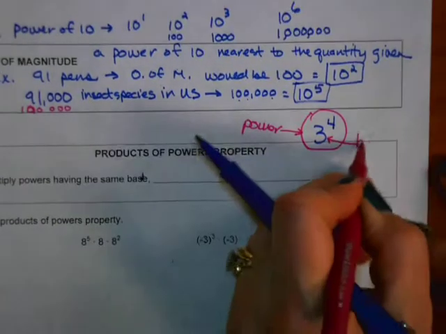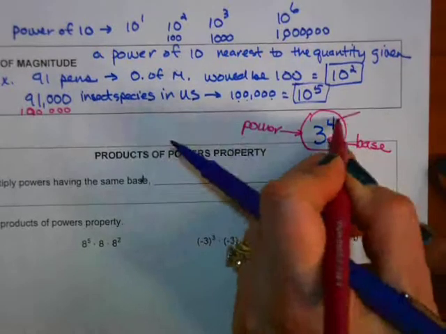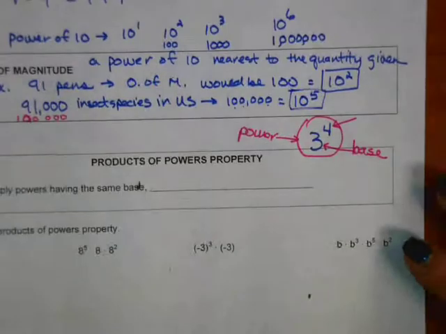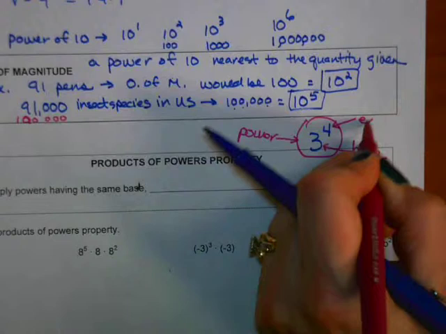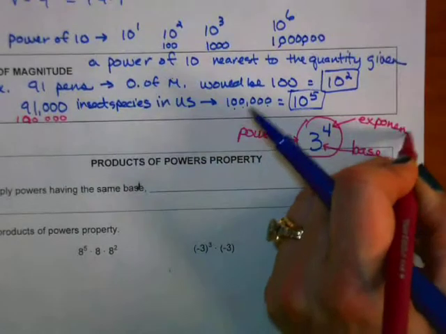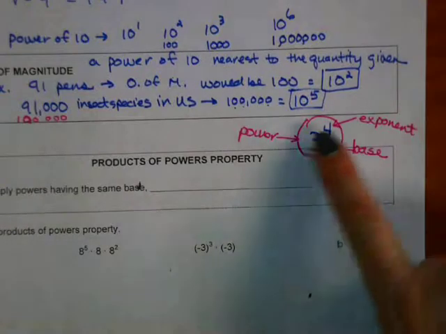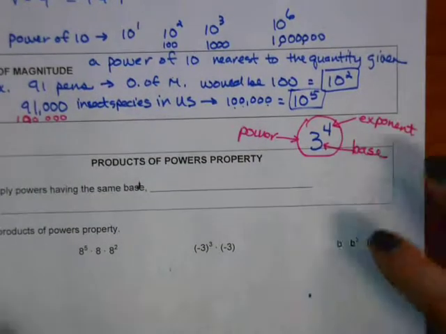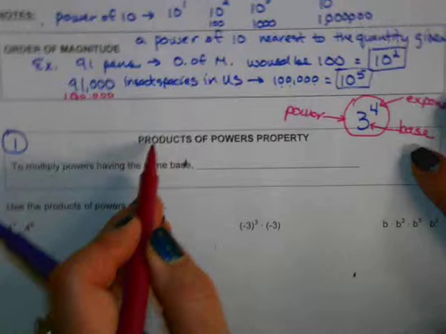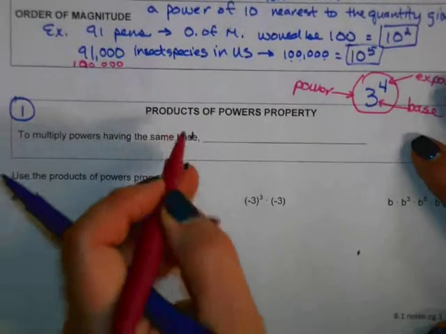Okay, the bottom number is called the base. What's that called? The exponent. You need to know these words, or it's not going to make sense what we're doing, okay? The whole thing together is called a power, with an exponent and a base. Now, products of powers property.